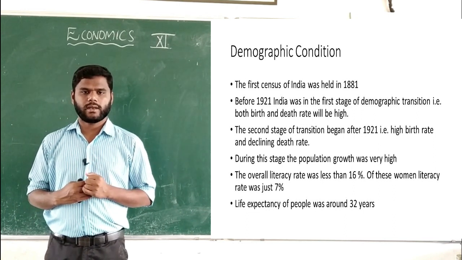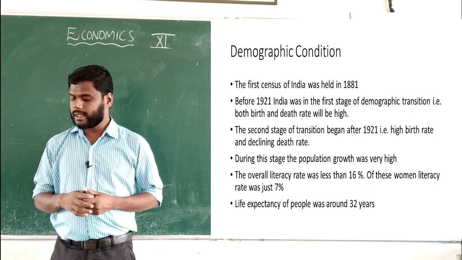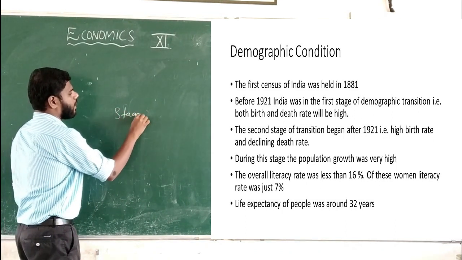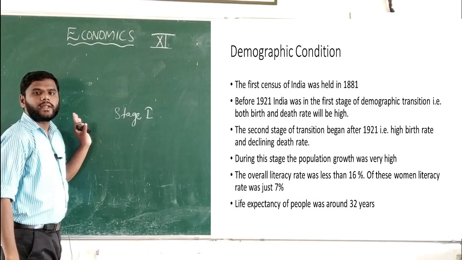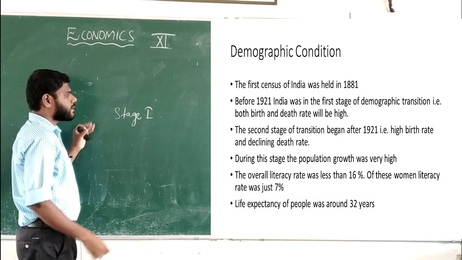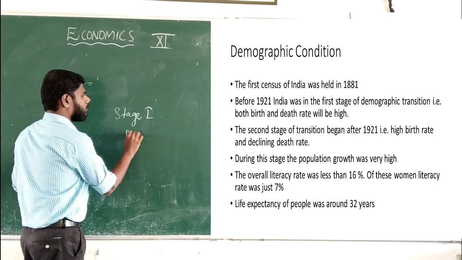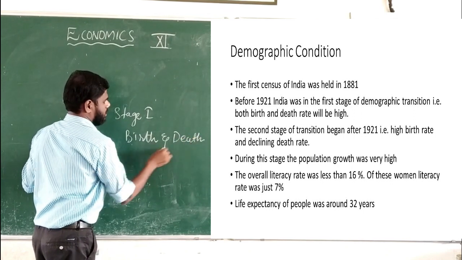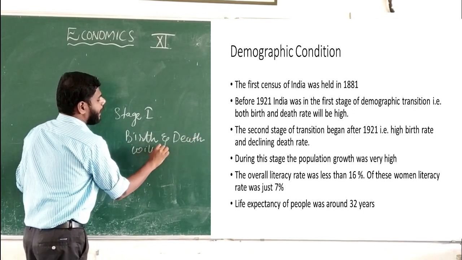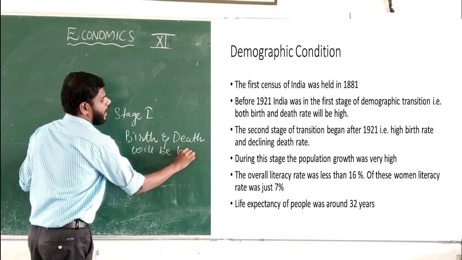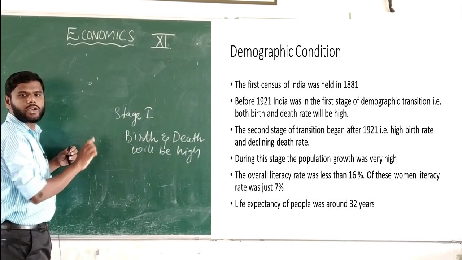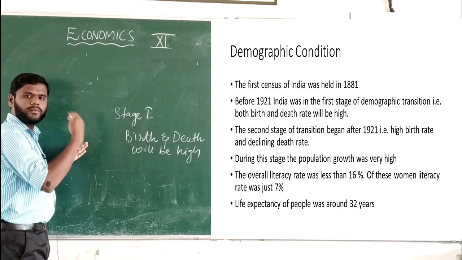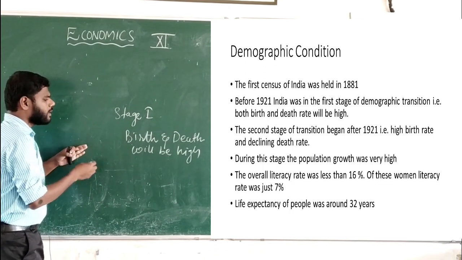The first stage of demographic transition, stage 1: here both birth and death rates will be high. ഈ സ്റ്റേജിൽ ബർത്ത് റേറ്റും ഡെത്ത് റേറ്റും കൂടുതലായിരിക്കും. Okay, now stage 2.